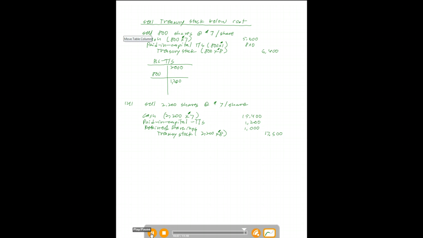So the thing that will trip you up on this is if you forget about the fact that if you don't have a credit balance in paid-in capital, you can't debit anything. You can only debit paid-in capital treasury for the amount of the credit. And so you might try and debit paid-in capital for 2,200, and it would be incorrect.